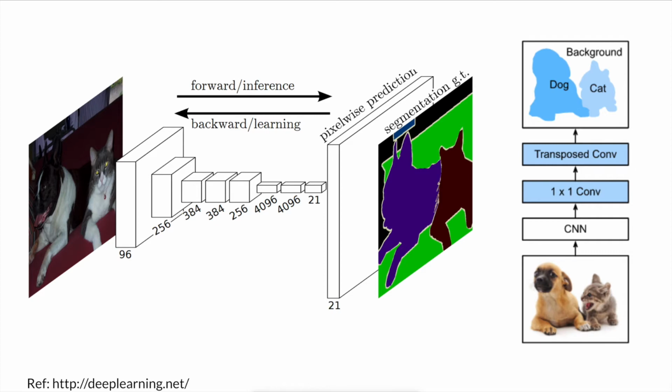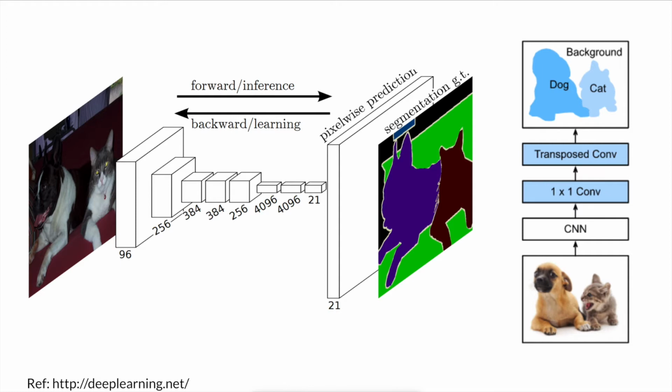So the use case is where the image size matters, and our object size and variation are different, and we have to map every pixel to a class.